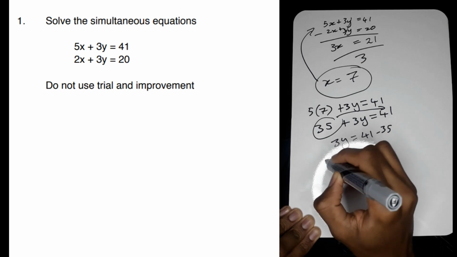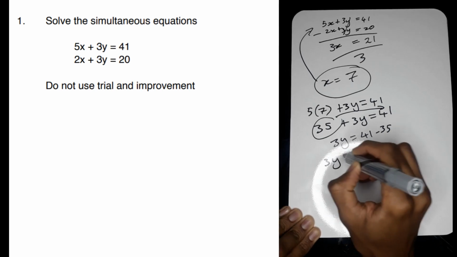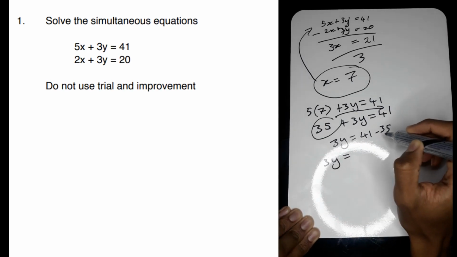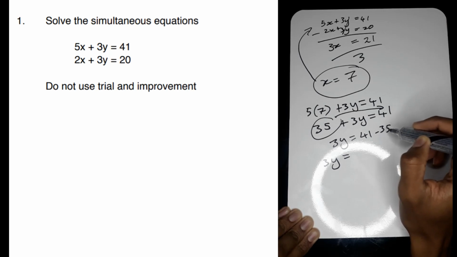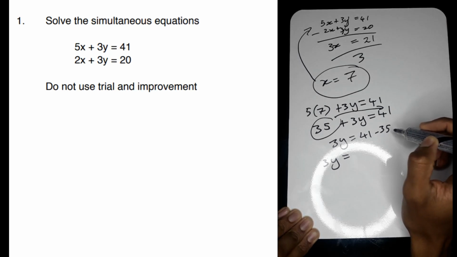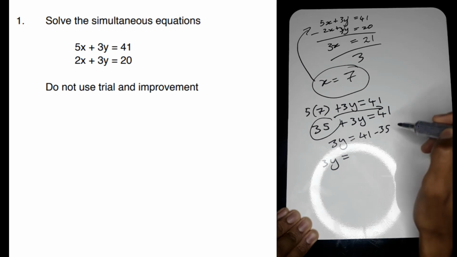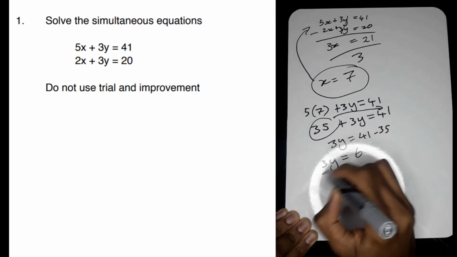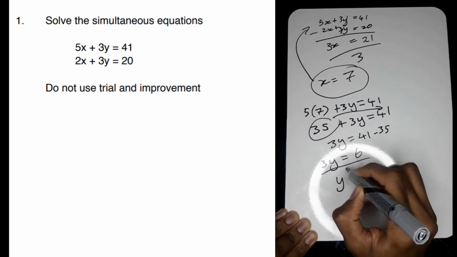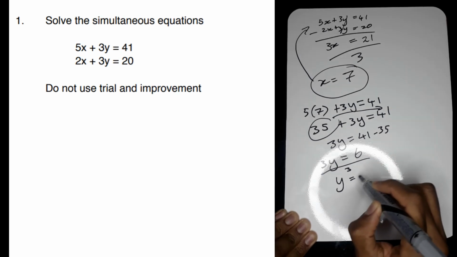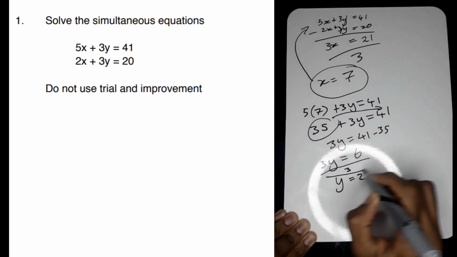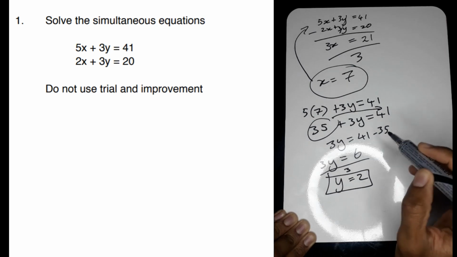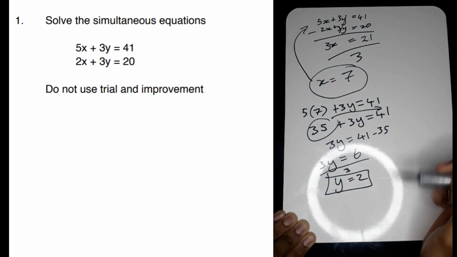So it's going to be 3y is equal to 41 minus 35, which is 6. So we're going to have 6. So y, and then you divide this by 3. So y is equal to 2. So we have our y, and we have our x.